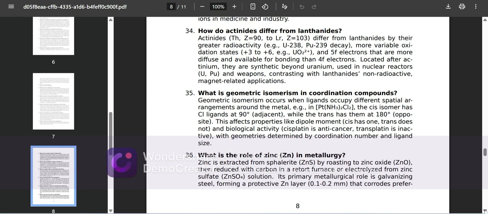Example: UO2 2+. Their 5f electrons are more diffuse and available for bonding than 4f electrons. They are located after actinium. They are synthetic beyond uranium and used in nuclear reactors.